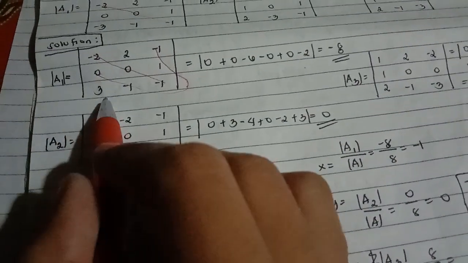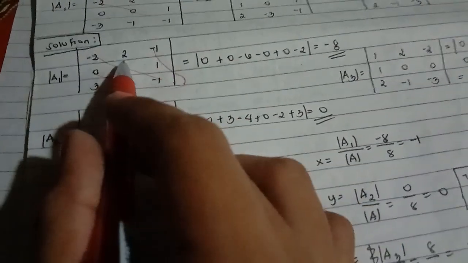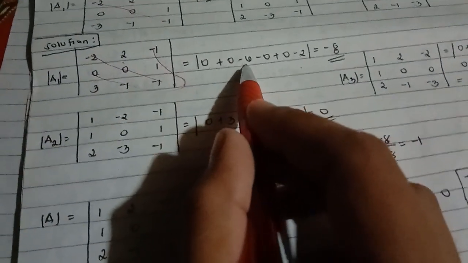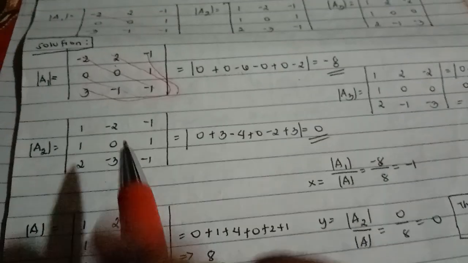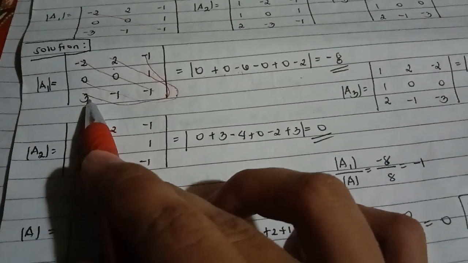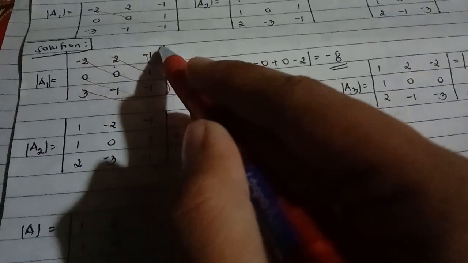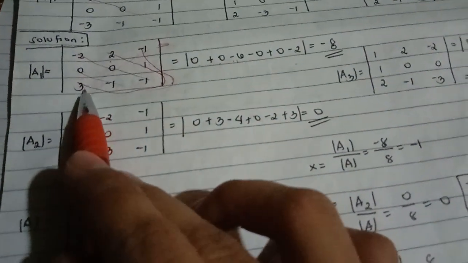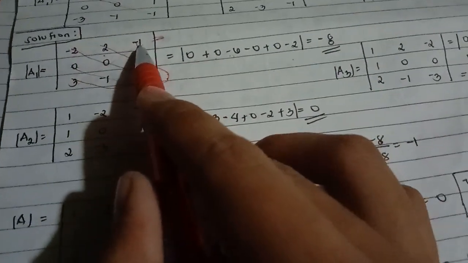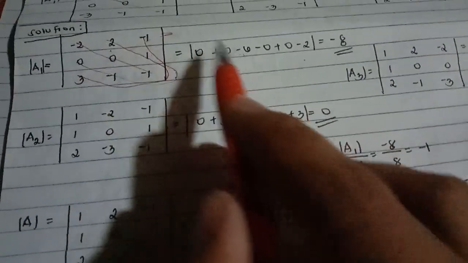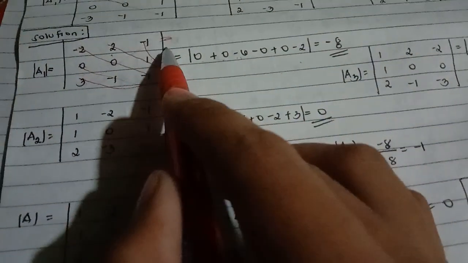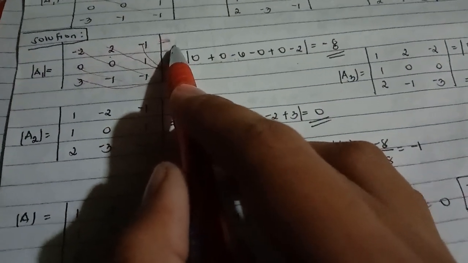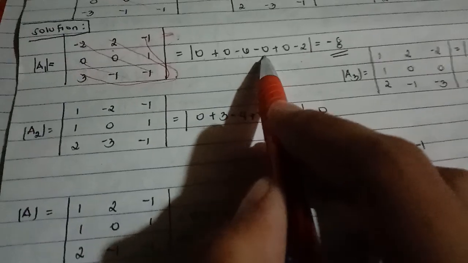Next one is 3 times 1 times 2 is equals to negative 6. So diri nga side is ato siyang negative 1 siya diri. So 3 times 0 times negative 1 is equals to 0. Since naman siya negative diri, so nahimo siya negative 0.